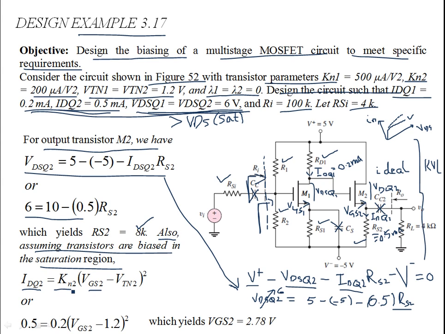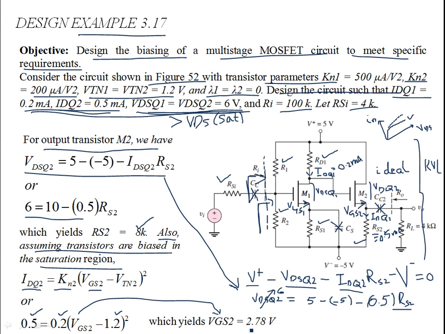We have Kn2, the conduction parameter for the second MOSFET, given as 200 microamps, which is 0.2 milli. IDQ2 is also 0.5 milliamps. If you consider everything in milli, then VTN is given as 1.2 volts. The only unknown is your VGS2, which you can find from this quadratic.